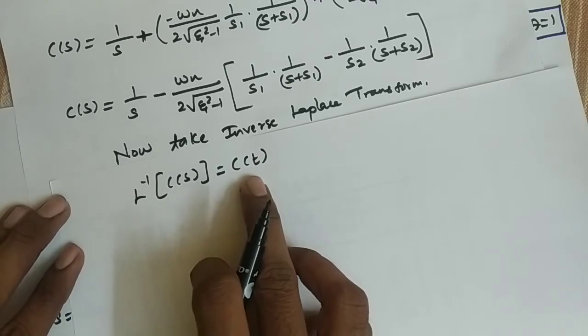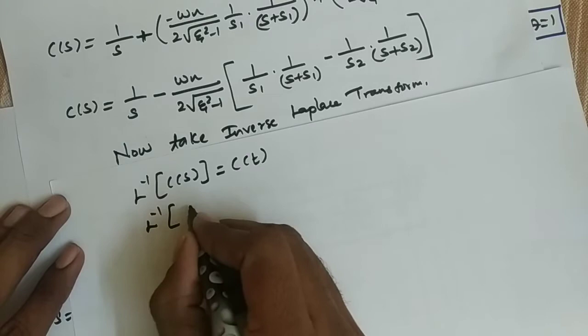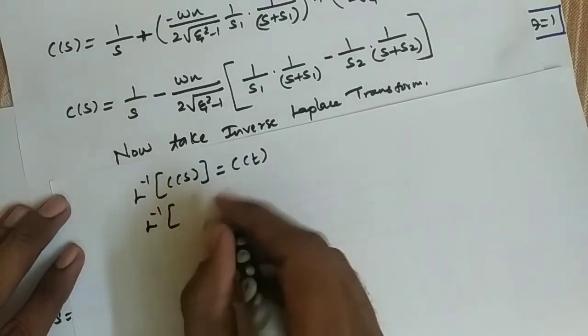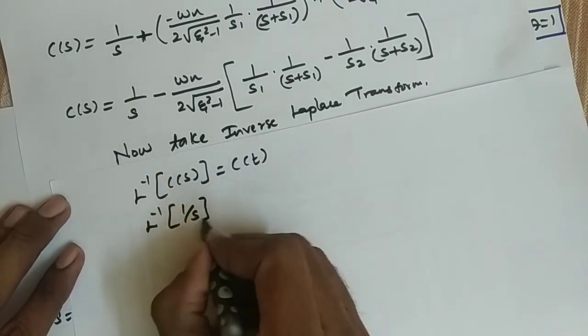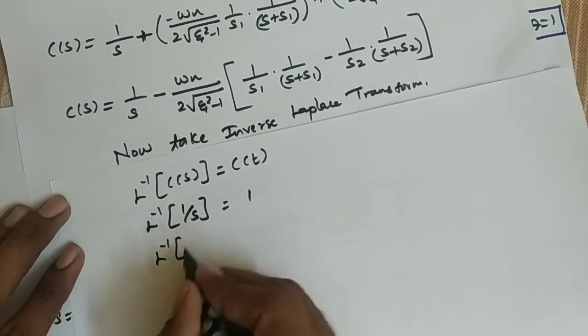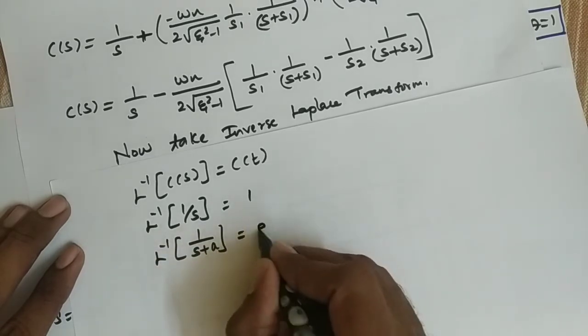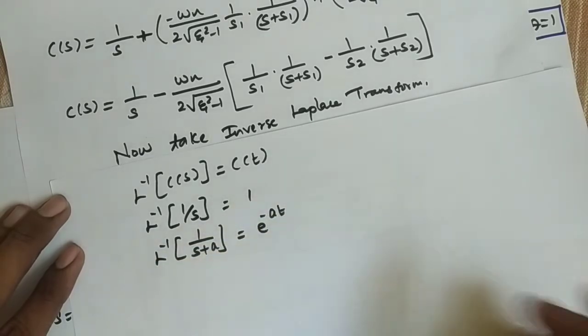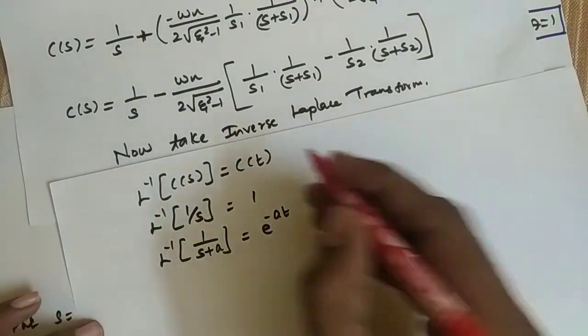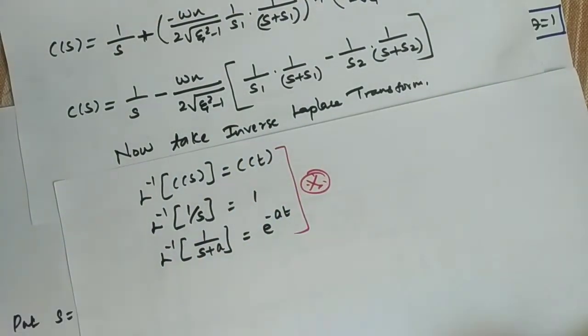The time response. These are the important formulas, important terms: Laplace inverse of 1 by s equals 1. Okay, so Laplace inverse of 1 by s plus a equals e power minus a t. These are very important formulas we need here.